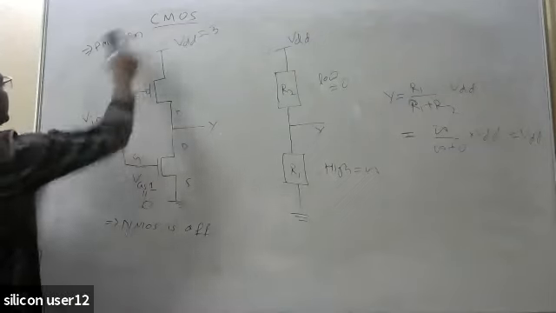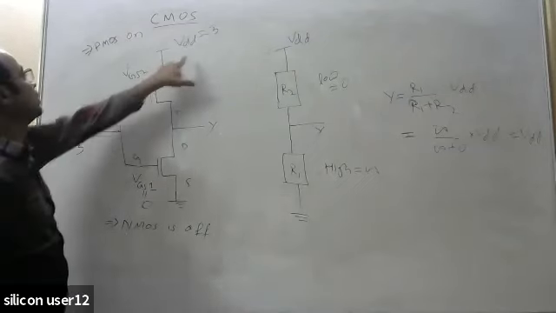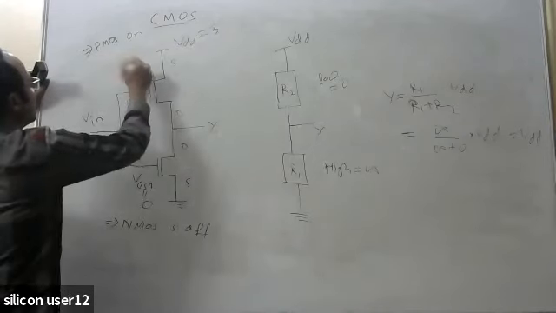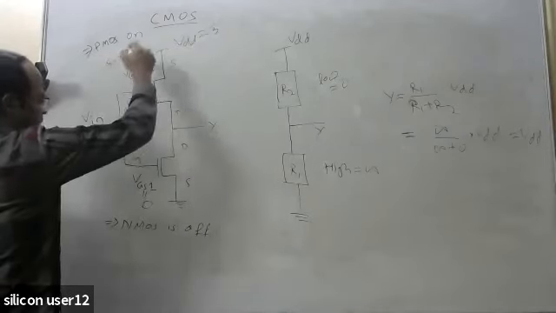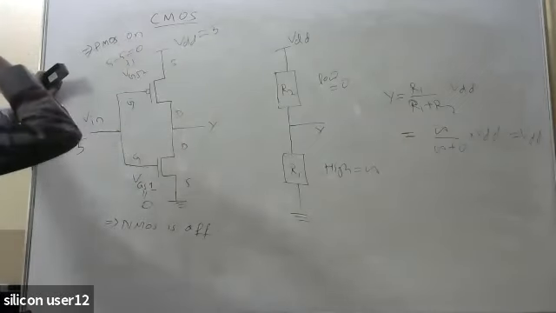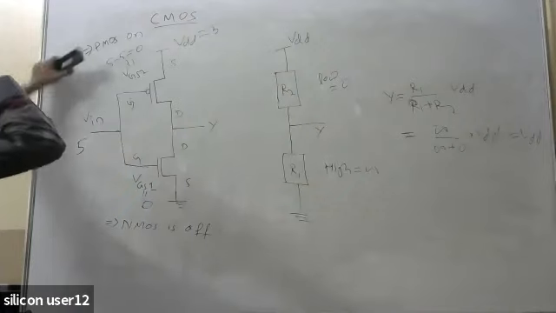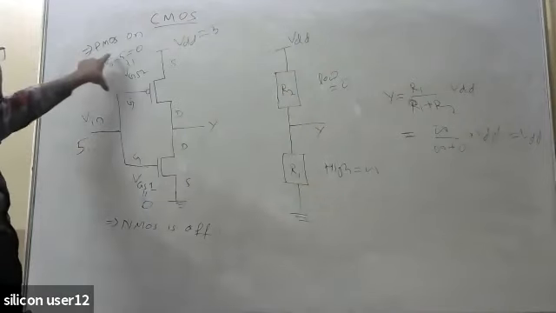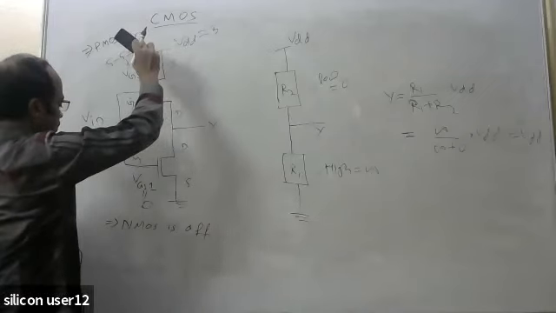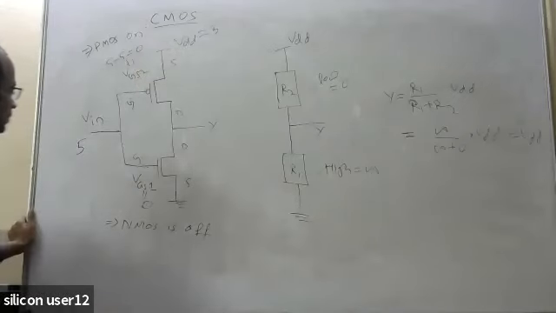Here gate is 5, source is 5, so VGS will be 5 minus 5 equal to 0. Sorry, NMOS is on, PMOS is off.